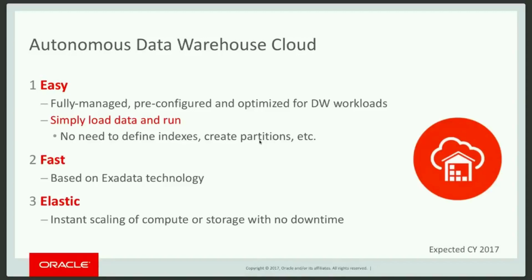The normal approach with most vendors is to give you t-shirt sizes: you start with small, medium, and large, and you scale in blocks that add pre-configured chunks of hardware. In our environment, you simply select what you want. If you want more CPUs, you add more CPUs. If you want more storage, you add more storage. If you want fewer CPUs or less storage, you can do that as well.